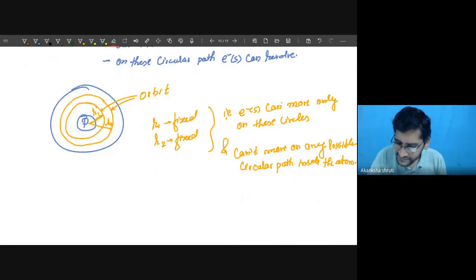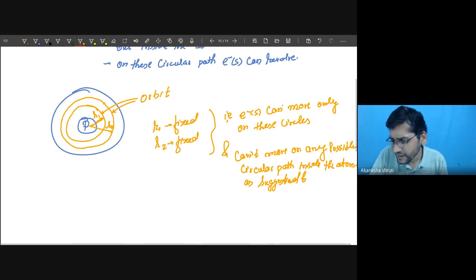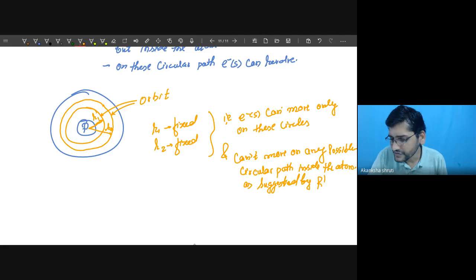So this circular path inside the atom was as suggested by the Rutherford model. This was the difference from Rutherford.